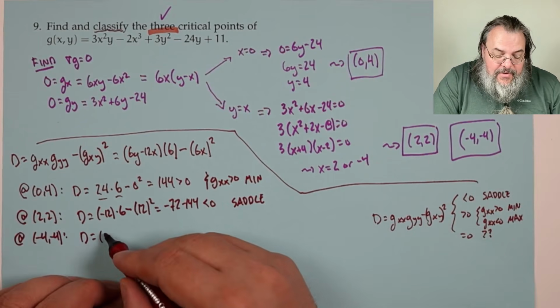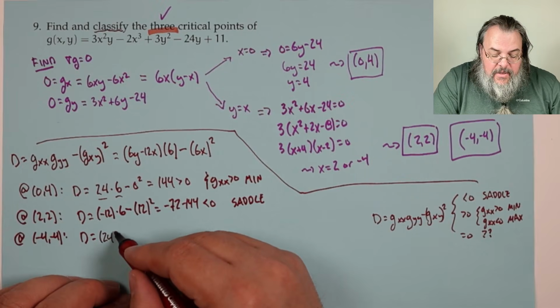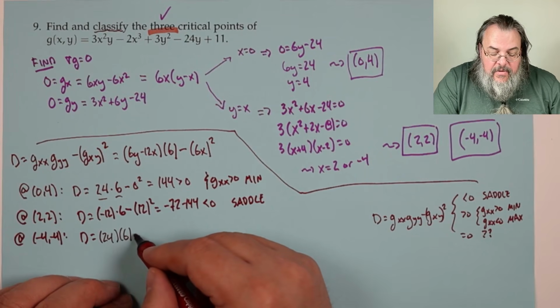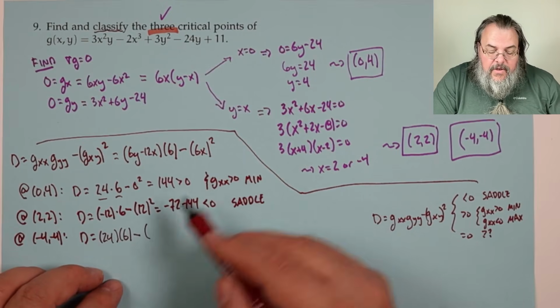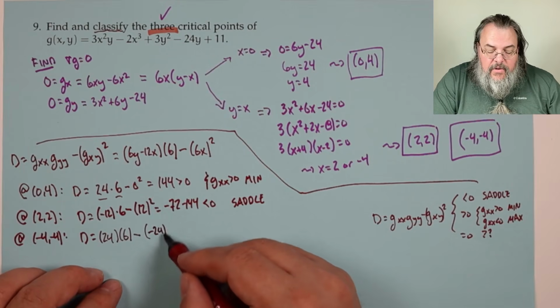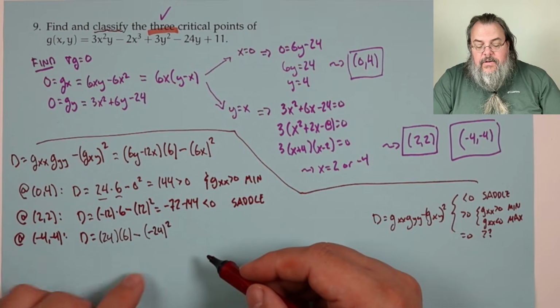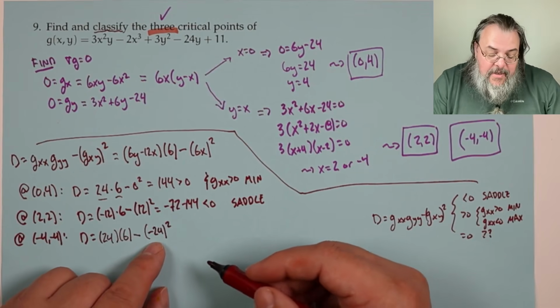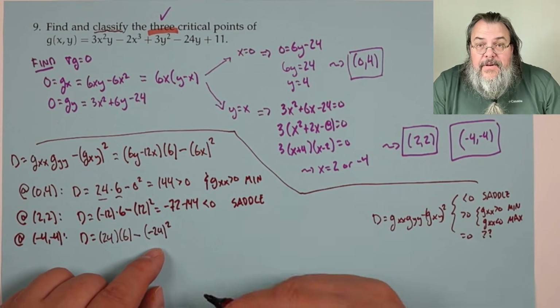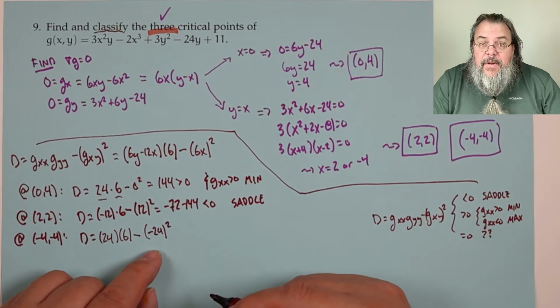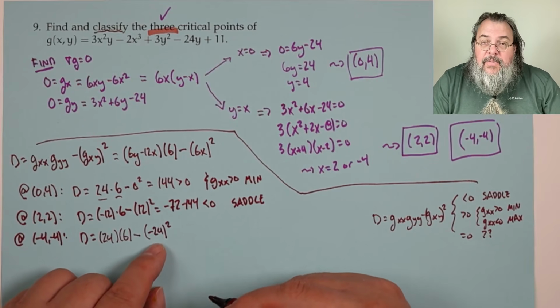So that makes a positive 24. And then we have 6, subtract, and then 6 times negative 4 is negative 24 squared. Now, do I know this number off the top of my head? Probably not. You know, who remembers 576? Nobody remembers that.